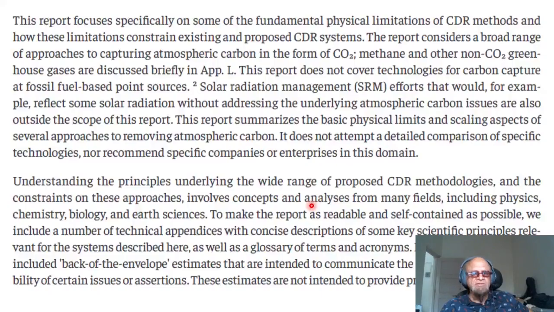In various places, we have included back-of-the-envelope estimates that are intended to communicate the scales involved or plausibility of certain issues or assertions. These estimates are not intended to provide precise estimates or values.